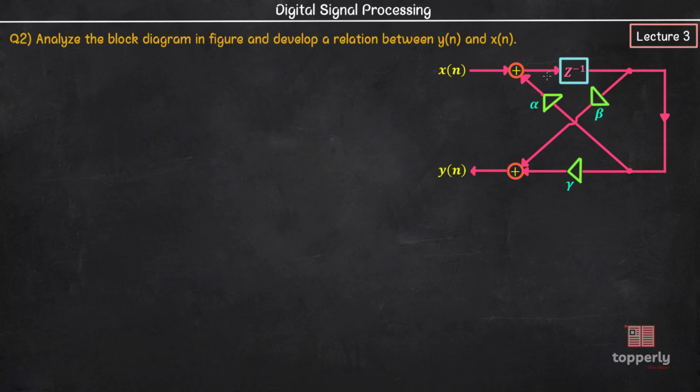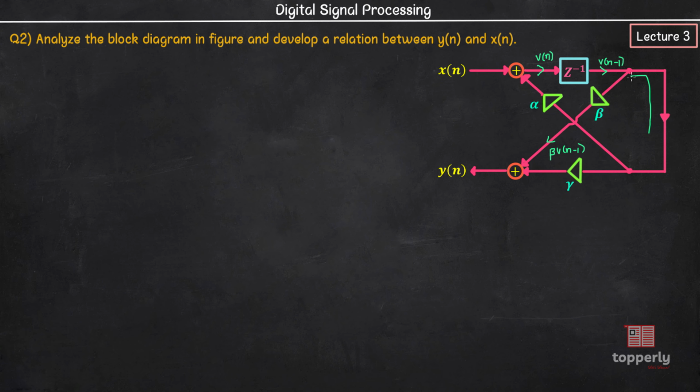Okay, now to answer this question, let us assume that the signal here is v of n. So the signal here will be v of n minus 1, as this is a unit delay. Now here we have a multiplier with scalar beta, so the signal here will be beta times v of n minus 1, right?